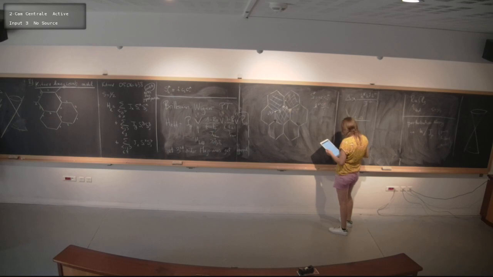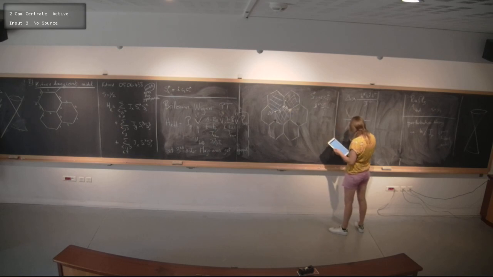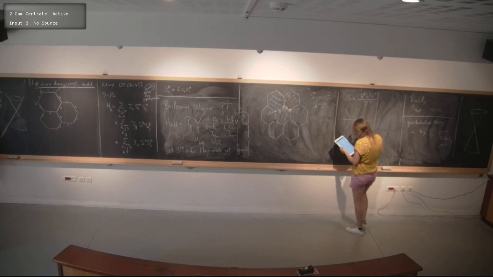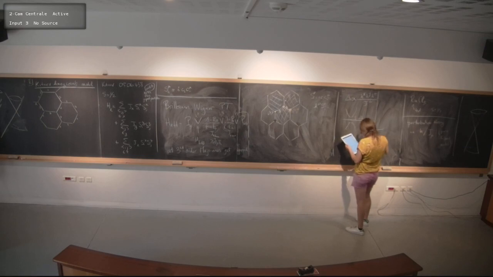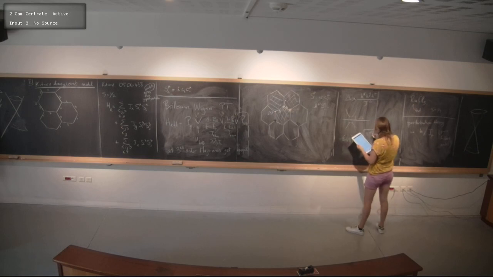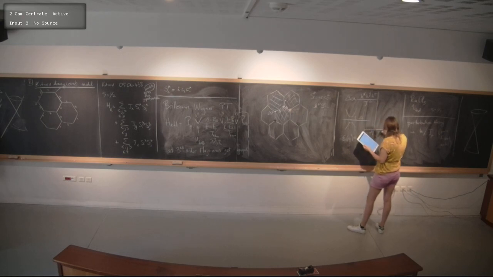So epsilon of q is plus or minus 3J squared times the square root of delta q squared plus delta squared.